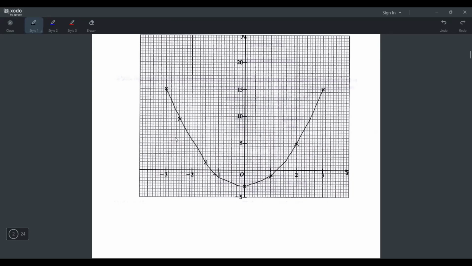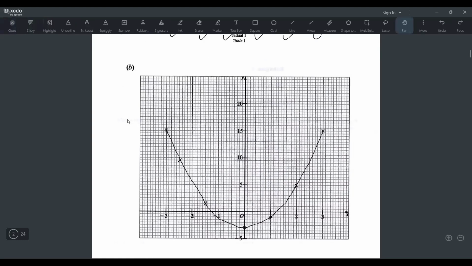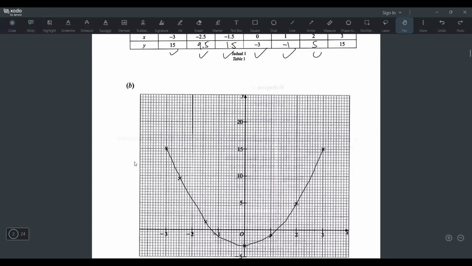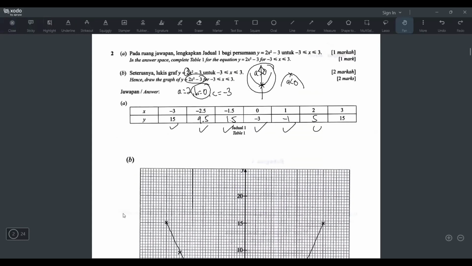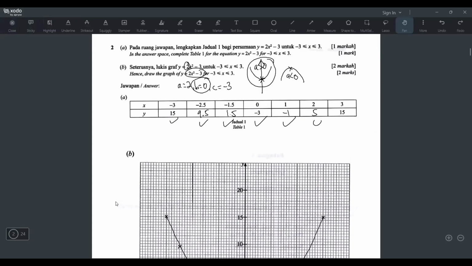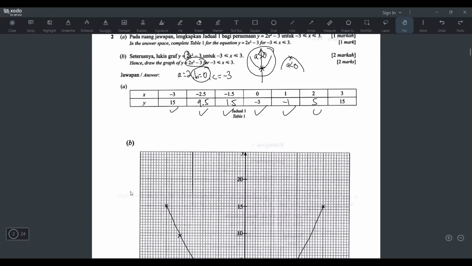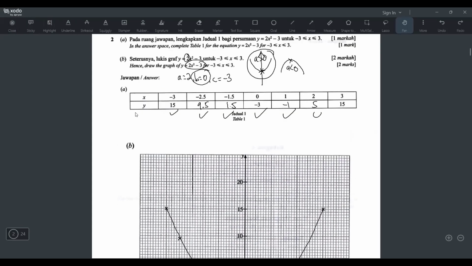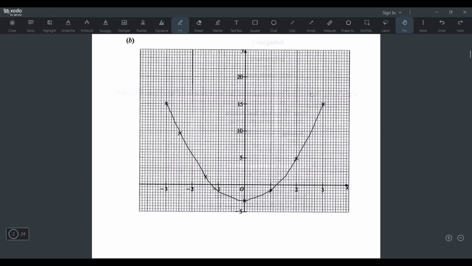Okay, and when you do this on a piece of paper, you can actually turn your book around, right? Yeah, you can spin your book to make it easy to draw. Okay, but I'm using a computer, so I can't show you. Okay, but I'm done already. So this is the curve, and make sure you write the equation for the curve: y equals 2x squared minus 3, and that's all. So it's done.